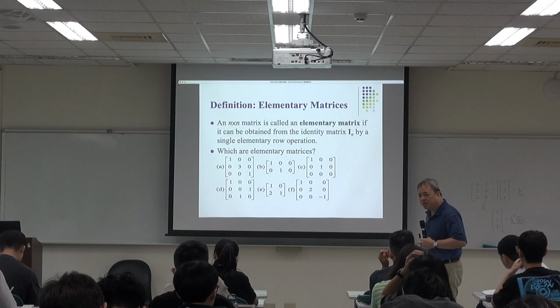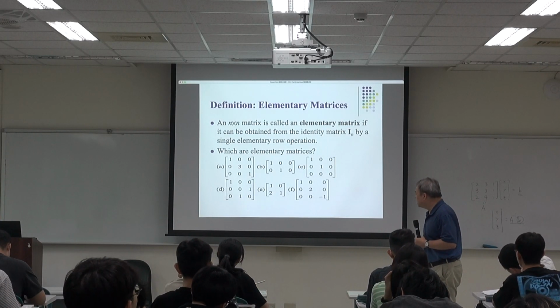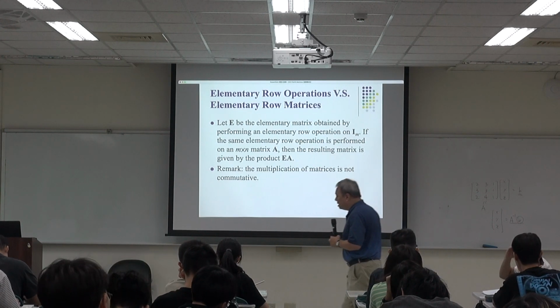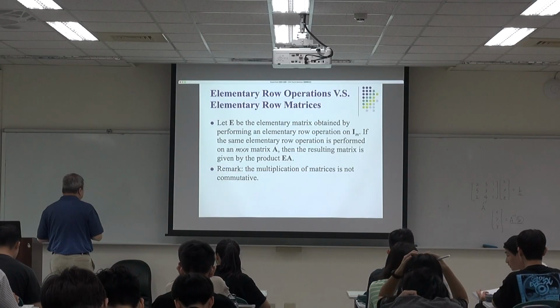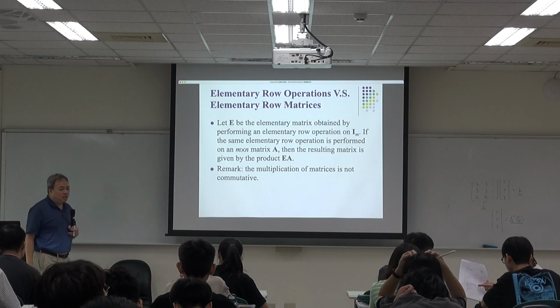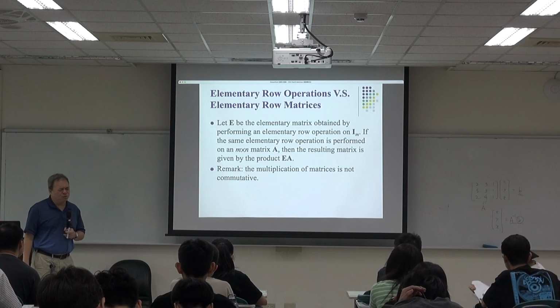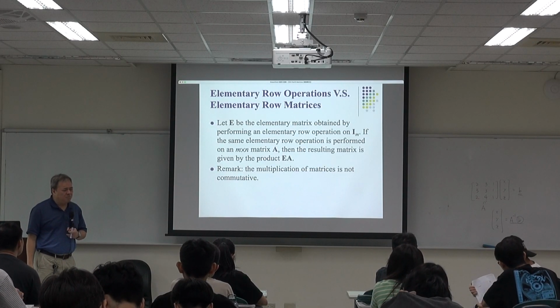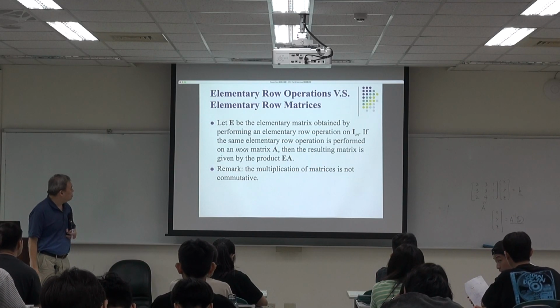Why do we need to talk about elementary matrices? Because eventually we can represent our elementary row operations, or Gaussian-Jordan elimination, by multiplication of those elementary matrices.